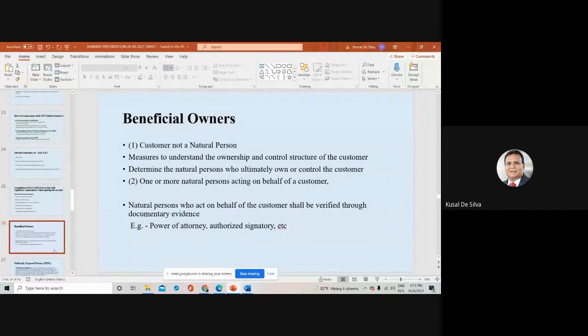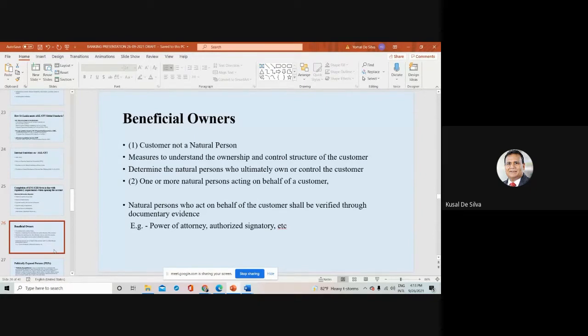This is very important. People always put a dummy in front and stay behind. So identify the beneficial owner, the real person. The systems have to be in place.